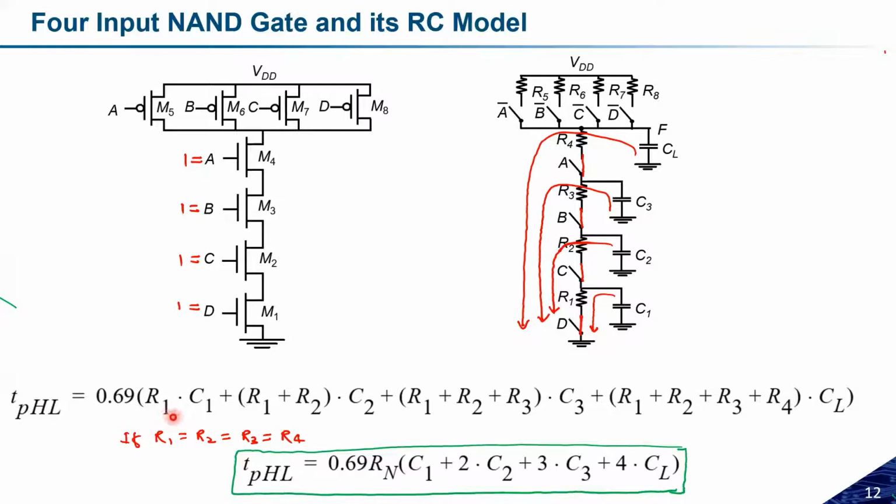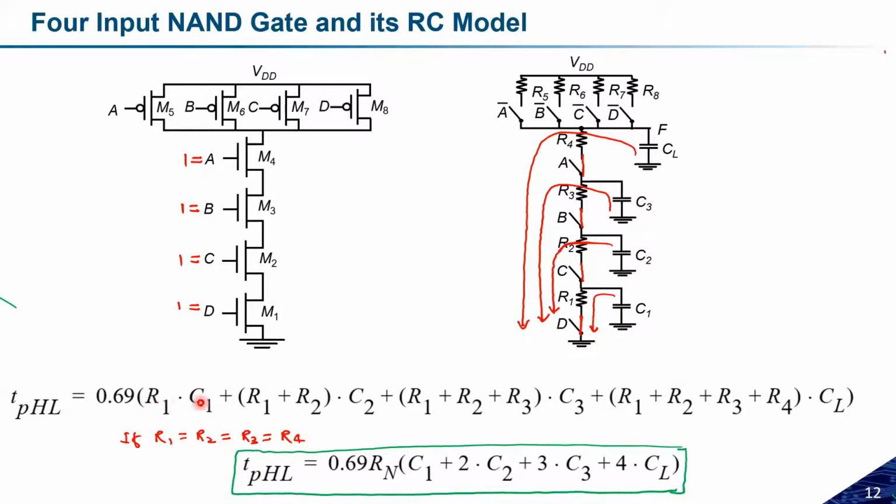If somehow I can reduce this R1, then we can reduce this TPHL more precisely, because this R1 will be reflected in all 4 components. So the overall TPHL we can improve in a better way. So the important thing is, if somehow I can reduce this R1 instead of reducing all the resistances, I will get better performance, like lower TPHL. Okay, and so this is all about the R1.